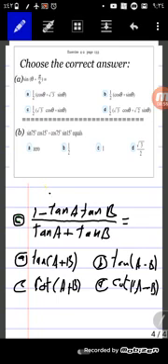We can use the rule of sine, which equals sine theta cosine, we know that pi over 6 is equivalent to angle 30, plus cosine theta sine 30.